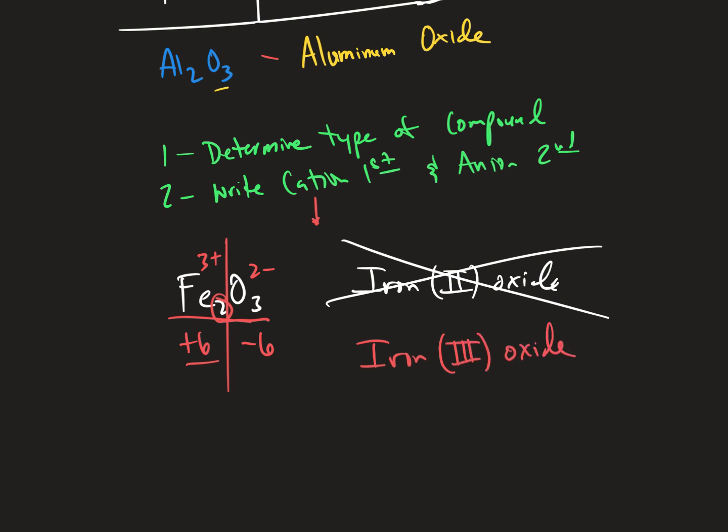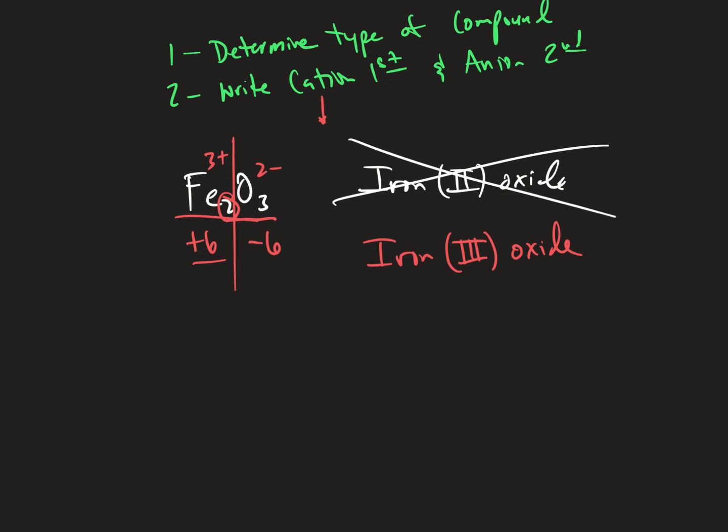This is why we learned how to figure out the charge, so that we can write that Roman numeral correctly. Good? The crisscross way you do it is kind of confusing. It is easier if you don't have to multiply anything. How are you going to know?